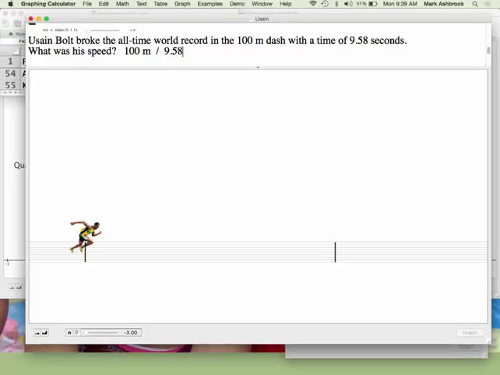And what did the 100 represent? Distance? Careful. We're doing distance over time? The change in distance was 100, and then the corresponding change in time was 9.58 seconds. And did you guys get 10.44?